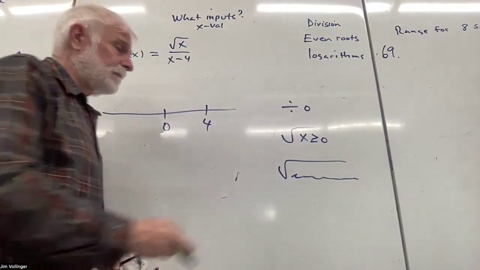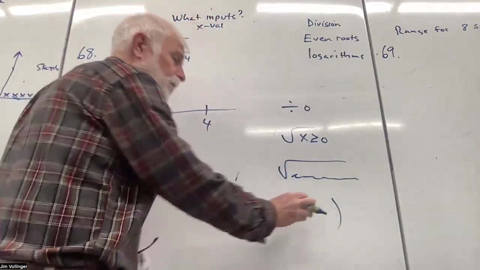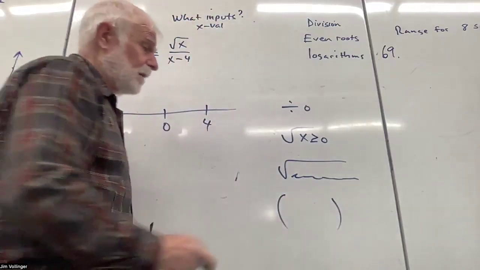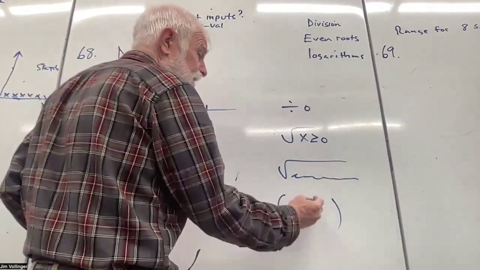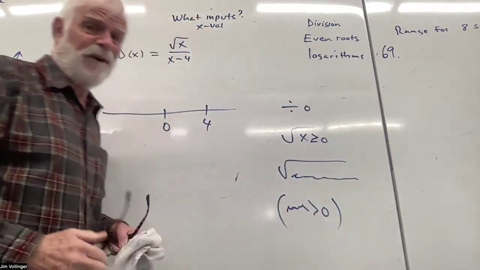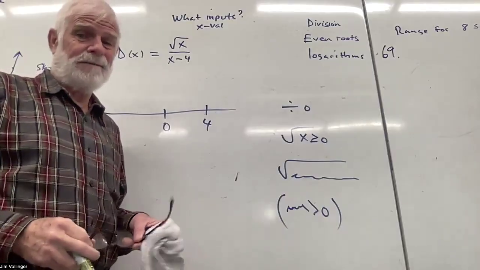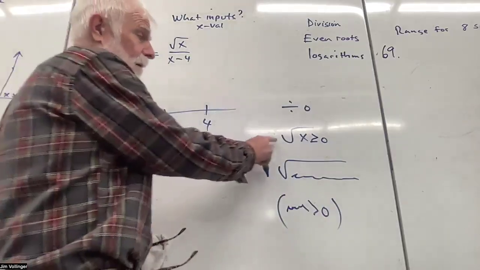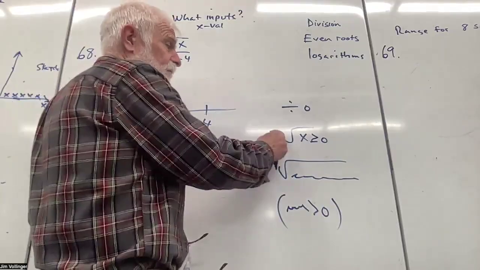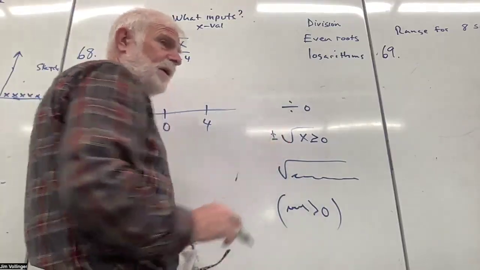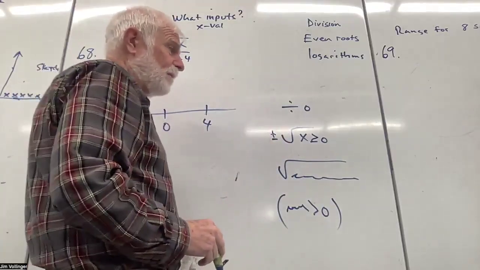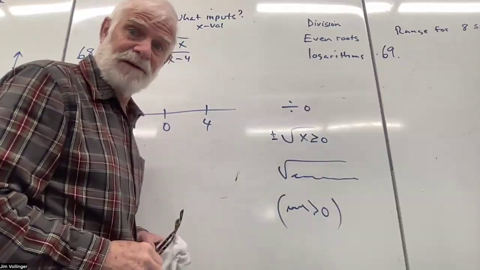And logarithms have a parentheses where you input x values. You better make sure whatever's here is greater than 0. Very similar to the root. Roots can be 0, right? And we often solve equations with even roots, and we got to remember the plus minus.